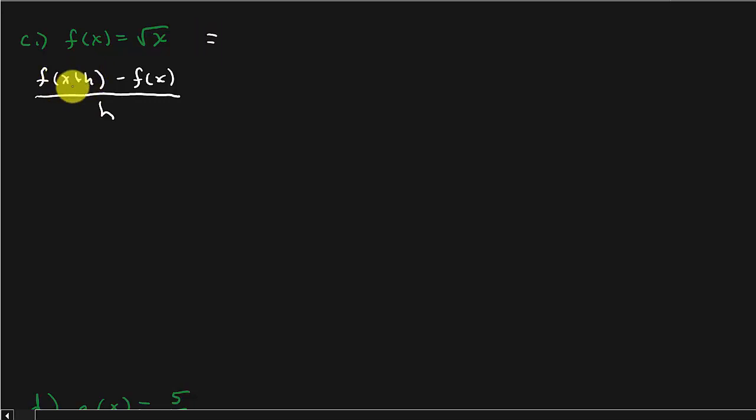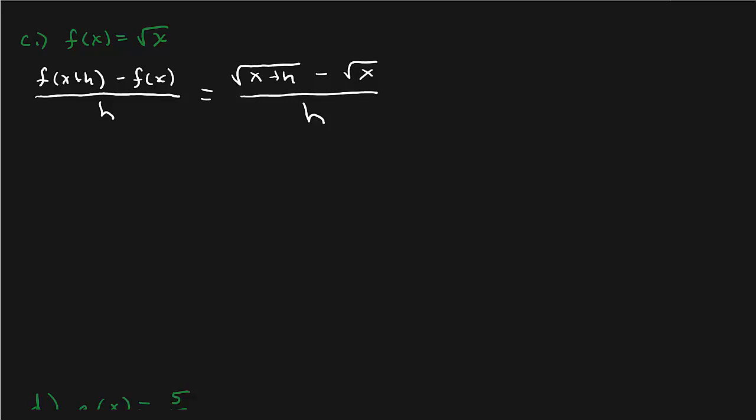I'm going to take the x plus h and plug it in for x. So that's the square root of x plus h. See, I just replaced the x with x plus h. And then minus f of x. Well, what's f of x? It's the square root of x. And all that over h.